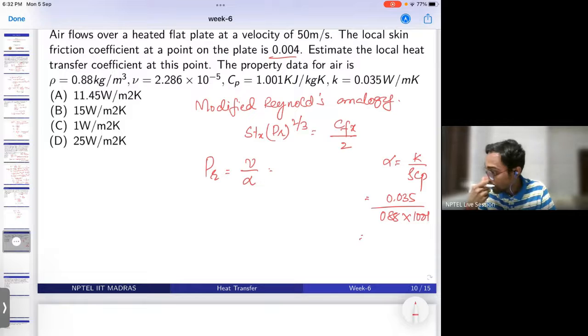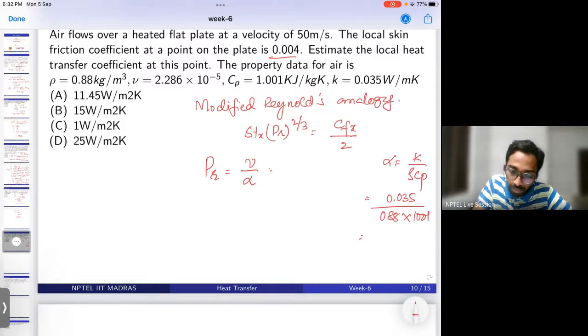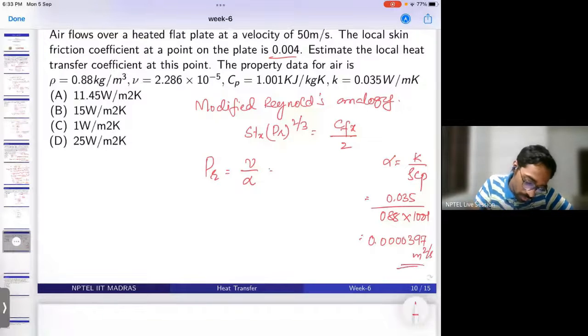If we calculate this, 0.035 divided by rho Cp, the alpha will come out to be 0.0000397 meters squared per second.